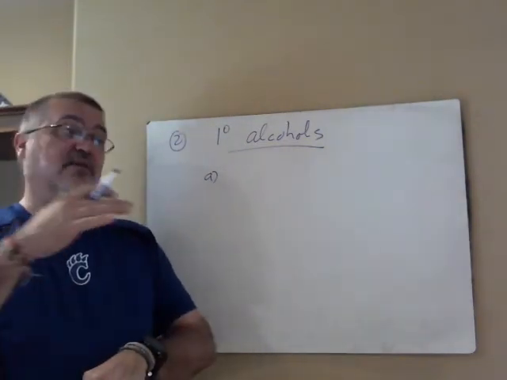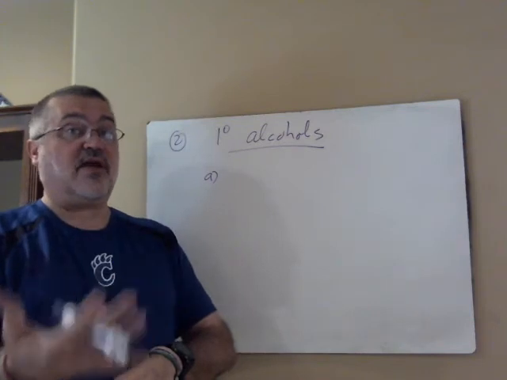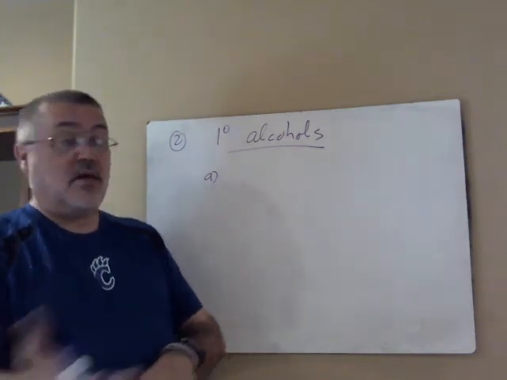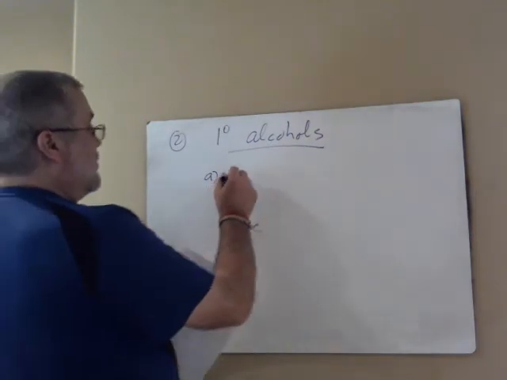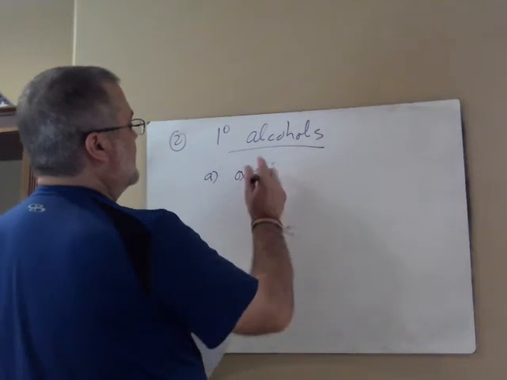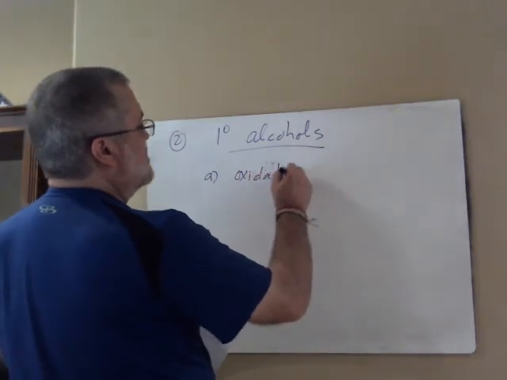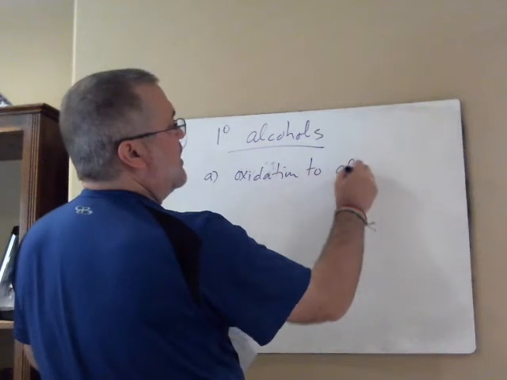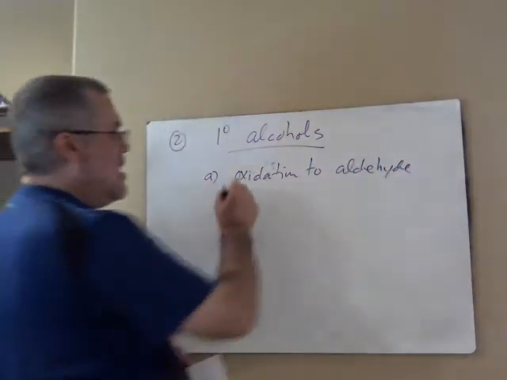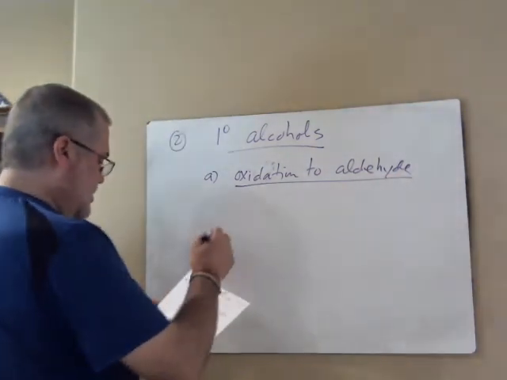We could oxidize a primary alcohol to either an aldehyde or a carboxylic acid. So what we're going to talk about first is oxidation to aldehyde. And we're going to look at how that oxidation occurs.